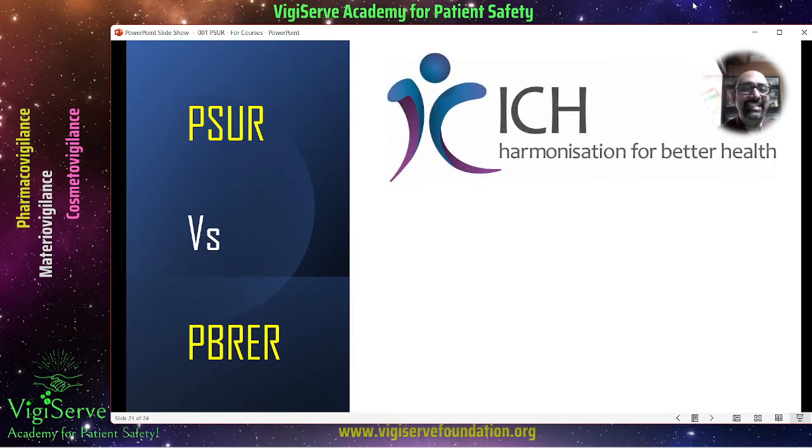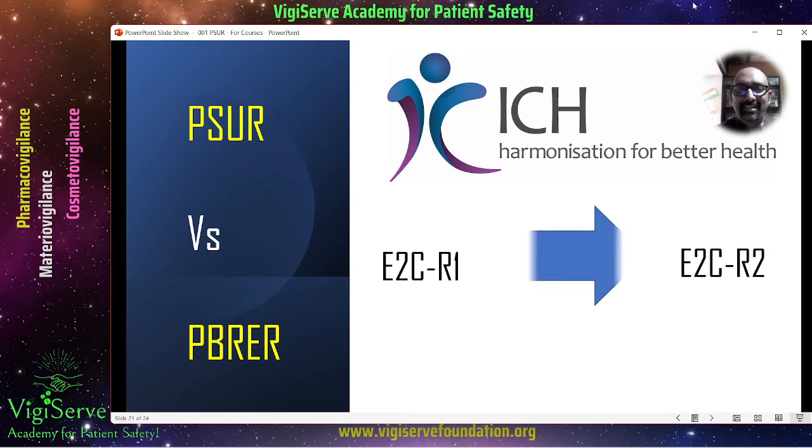We have something called ICH, the International Council for Harmonisation, and they have a template. Initially they had the E2C R1 template, and now it is the E2C R2 template, and now you have the PBRER template, and that is used by all the companies, or say even all the countries.